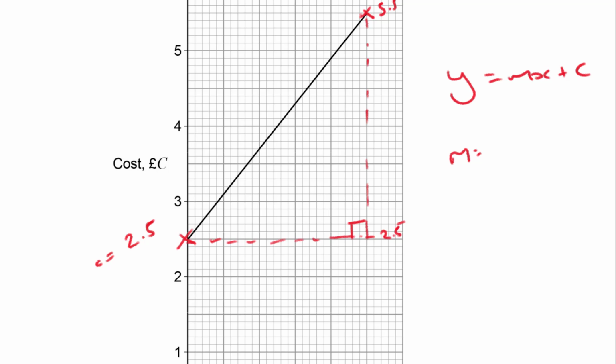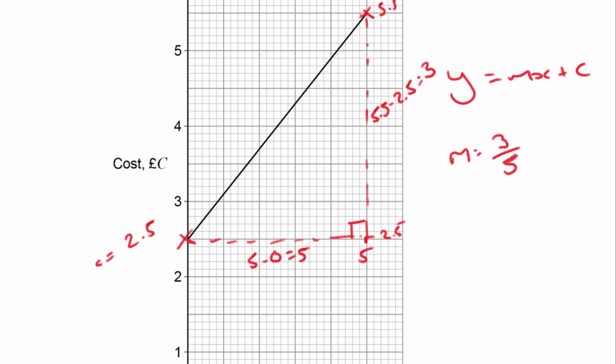So the distance between them is 5.5 subtract 2.5, which is 3. And then going this way, changing x, this value up here is 5 and 0, so 5 subtract 0 is 5. So the gradient is going to be 3 over 5.